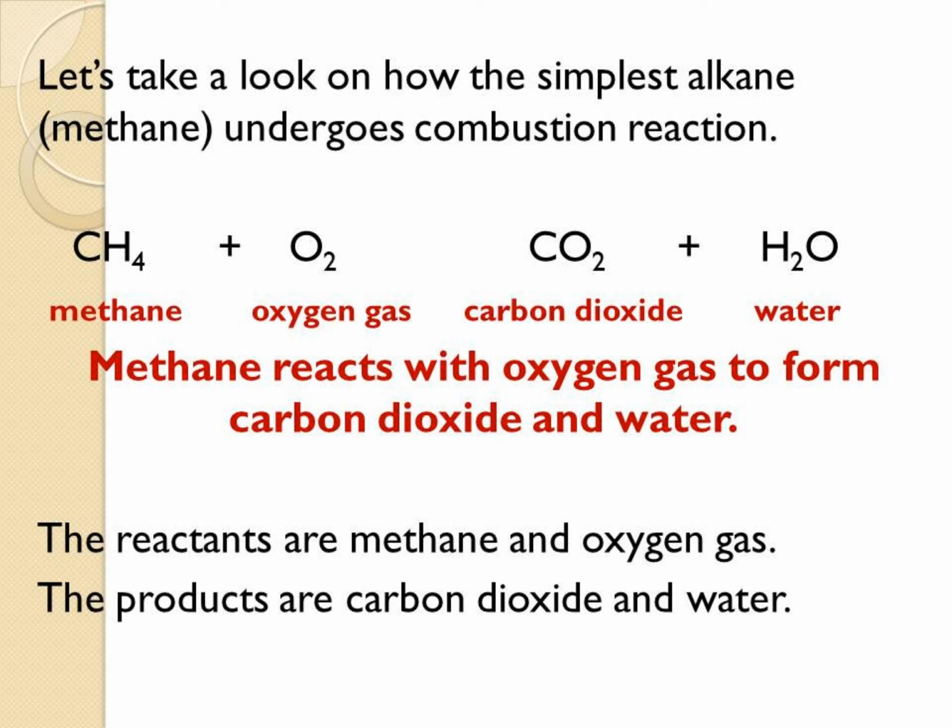Here, our reactants are methane and oxygen gas, and the products are carbon dioxide and water. So we read this as methane, CH4, reacts with oxygen gas, O2, yields or produces carbon dioxide plus water, or H2O.